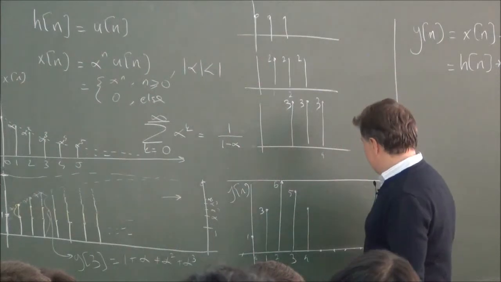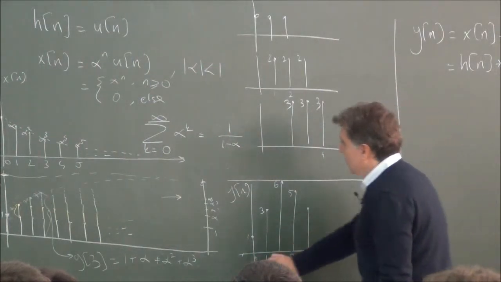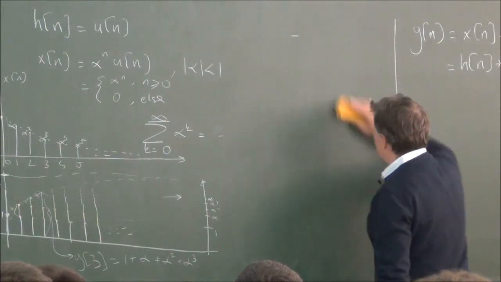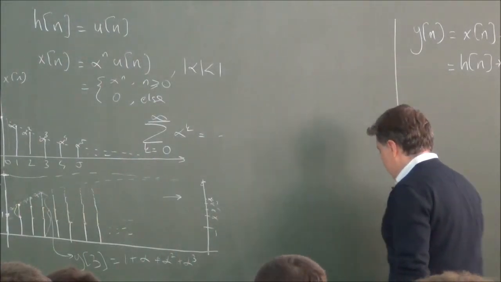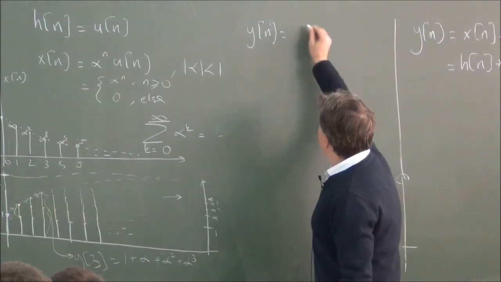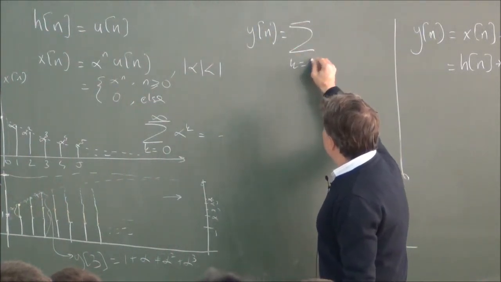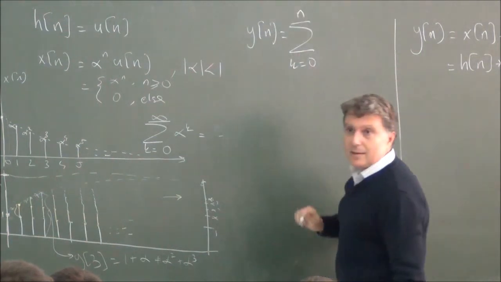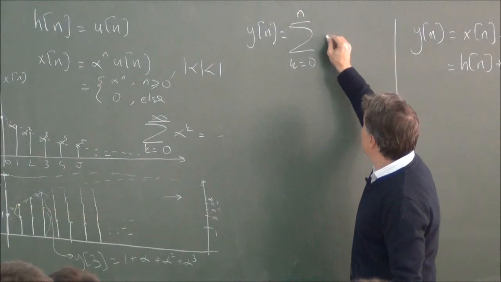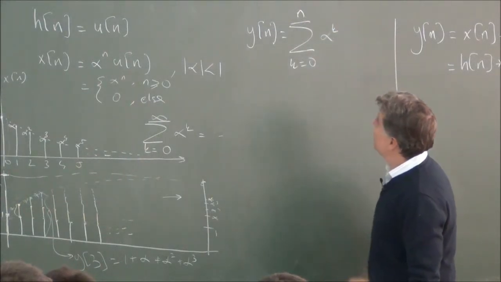So in general, y of n is summation k from 0 up to n, alpha to the power k. Okay, convince yourselves about this formula.